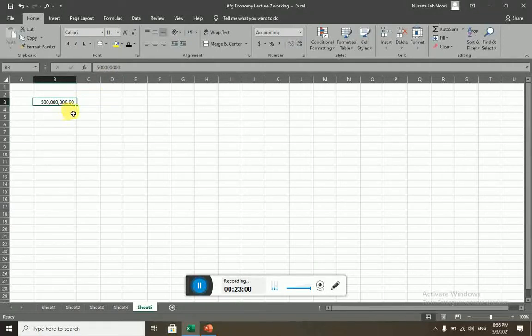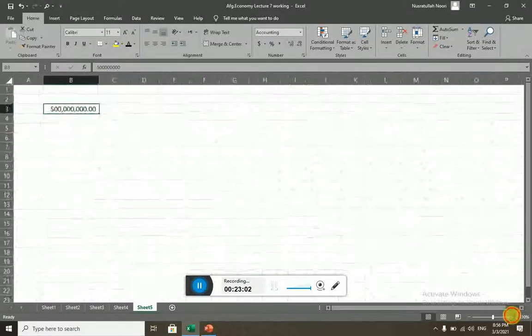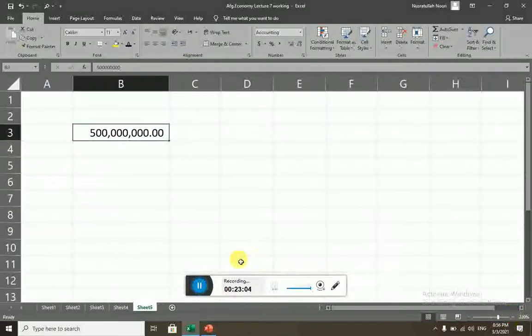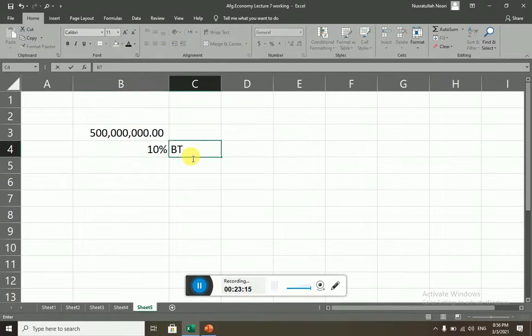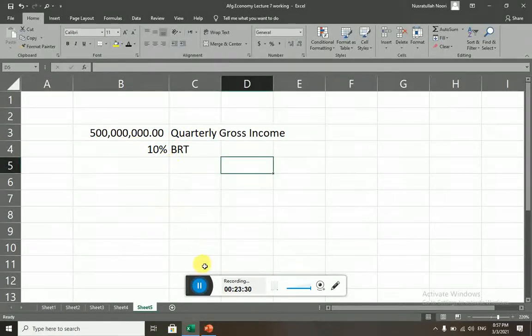That's our revenue for this quarter, and we are a telecom sector company, so we are subject to how much? 10% BRT tax, right? That's our quarterly gross income.